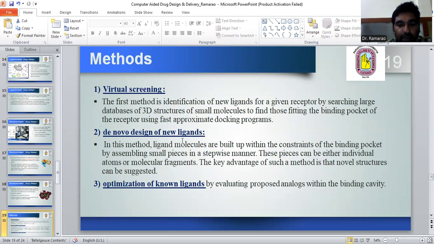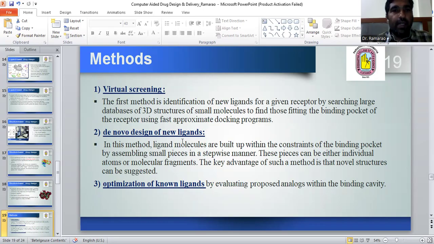The types of virtual screening approaches are structure-based virtual screening and ligand-based virtual screening. Structure-based virtual screening relies on the structure of the target protein site, and ligand-based virtual screening is based on the estimation of calculated similarity between the active ligands and compounds from the database.